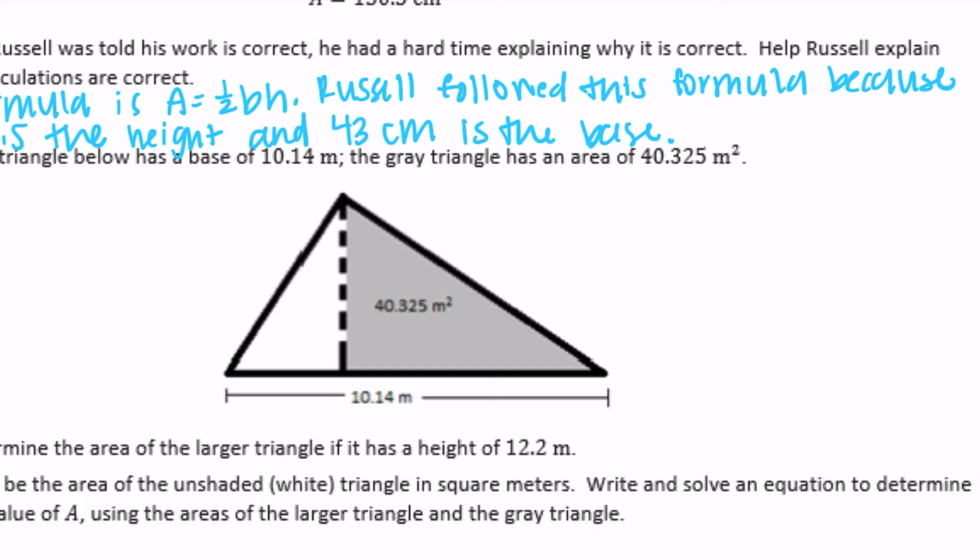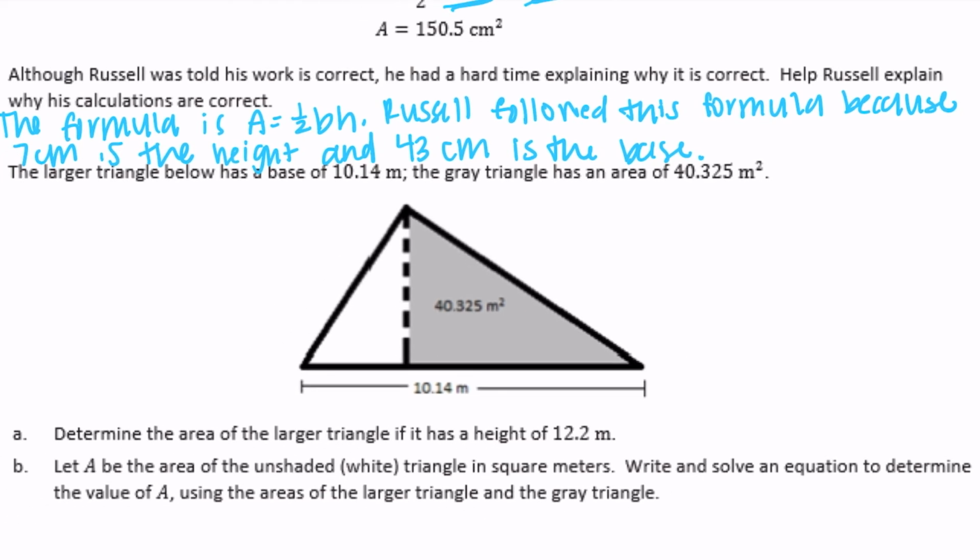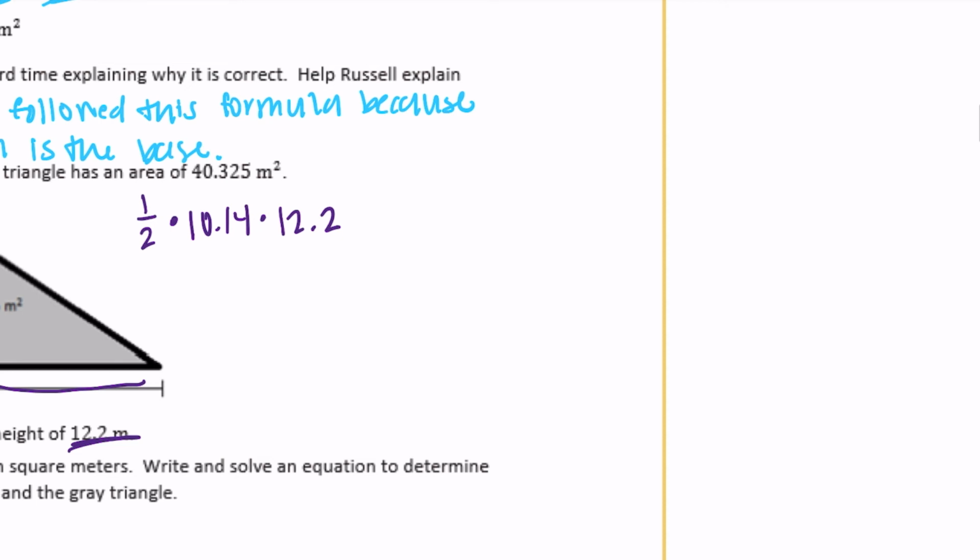So let's do 1/2, and we want to find the area of the larger triangle. So 1/2 times base. The base is 10 and 1400ths times height. It tells us the height is 12 and 2/10. So let's multiply those out.